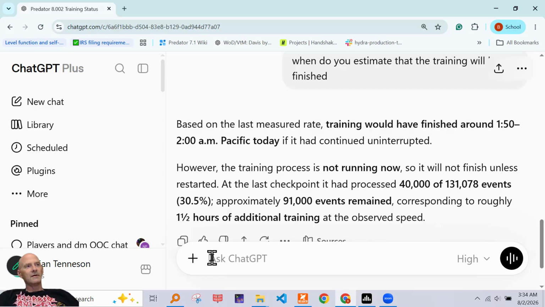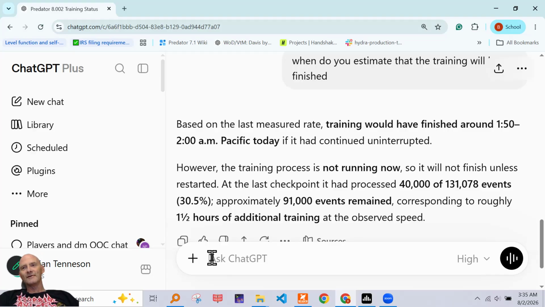Yeah, I think I was putting my laptop in the laundry in the washer. It's not running now. Why not? It's not running now. Dude, I'm gonna slap Chat silly. At the last checkpoint, it's only 30% done.